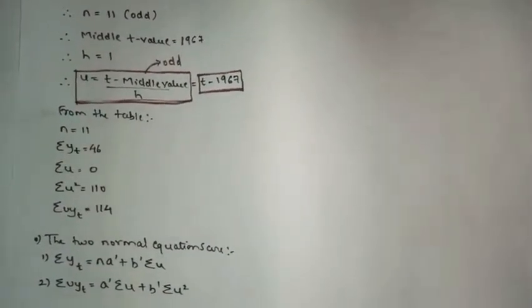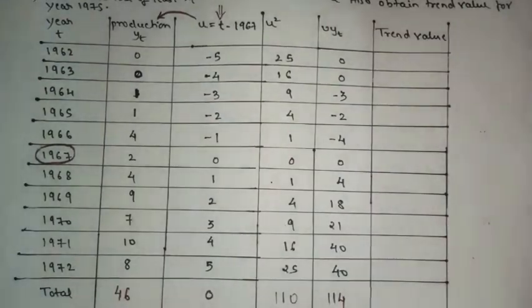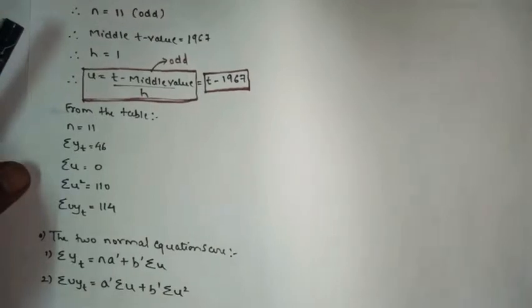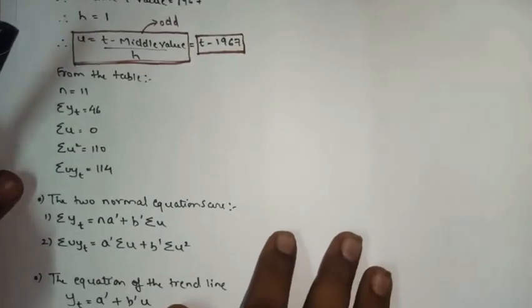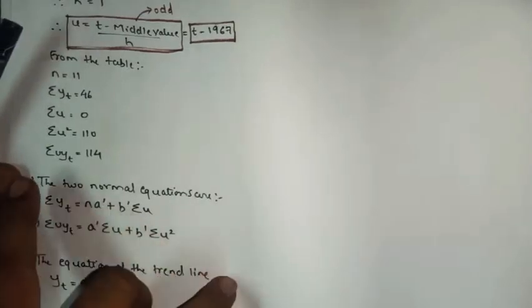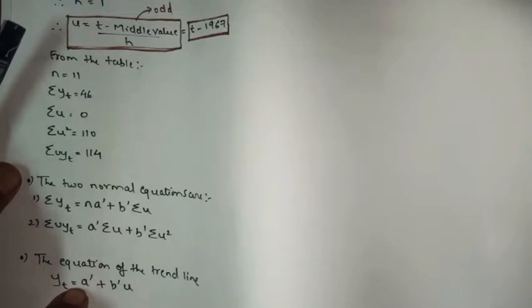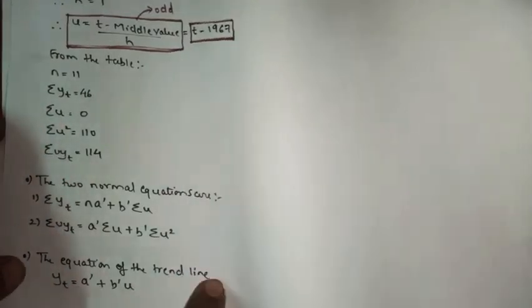Now after this what will you do? Listen here. After finding the total of each and every column, you have to use these two formulas. These two formulas are known as the normal equations, and the third formula is the equation of the trend line.